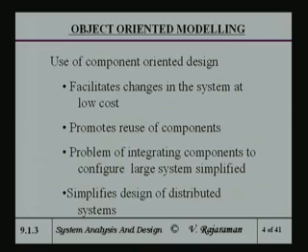Okay. So object-oriented modeling, your component-oriented design, facilitates changes in the system at low cost, mainly because the components are all separate when some change is required. I have been saying right from the beginning of this course that one of the most important aspects of system design, particularly software system design, is design for change.